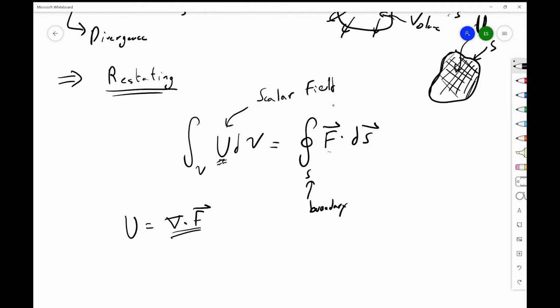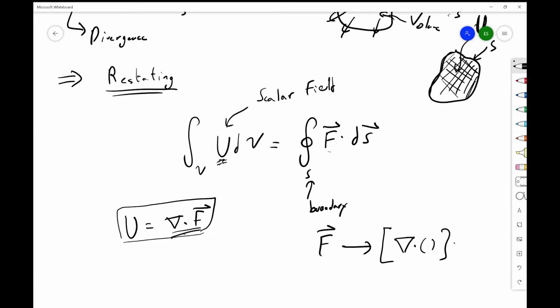You take F, you operate on it using this operator, and the divergence is essentially some machine that takes in a field F and spits out a scalar field u. So it takes a vector field and spits out a scalar field.